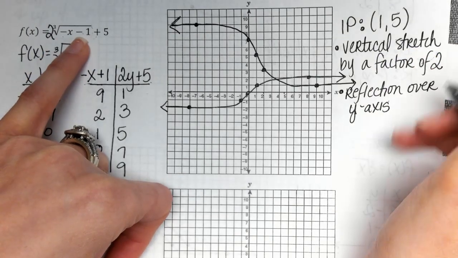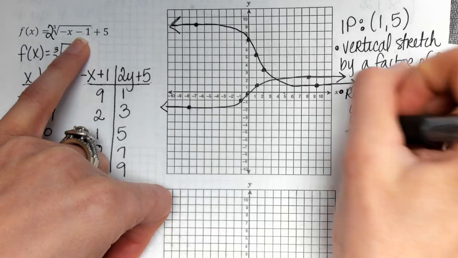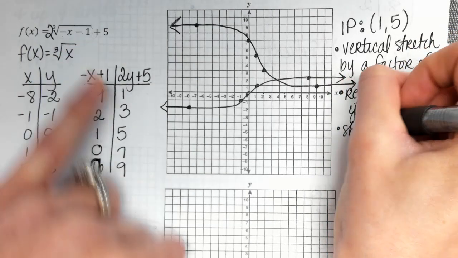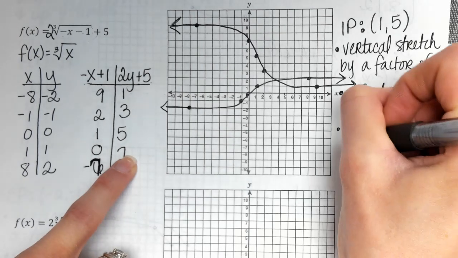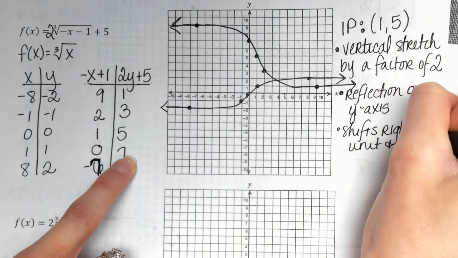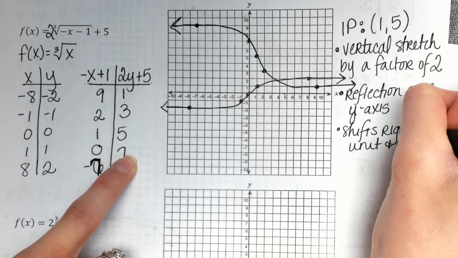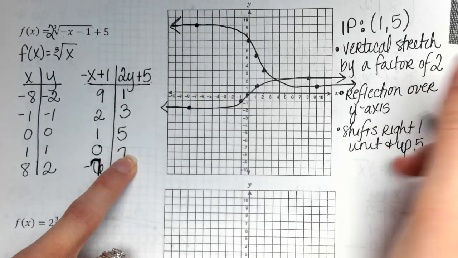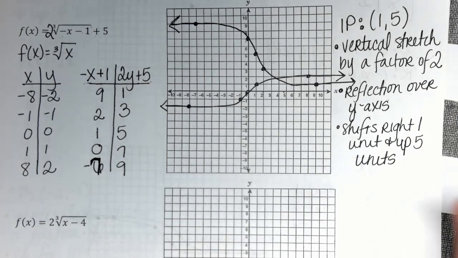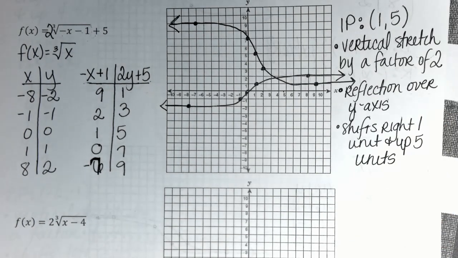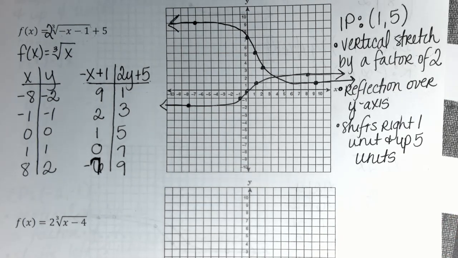And then the shifts right 1 unit and up 5 units. And my domain would be negative infinity to positive infinity. My range would be the same. Okay?